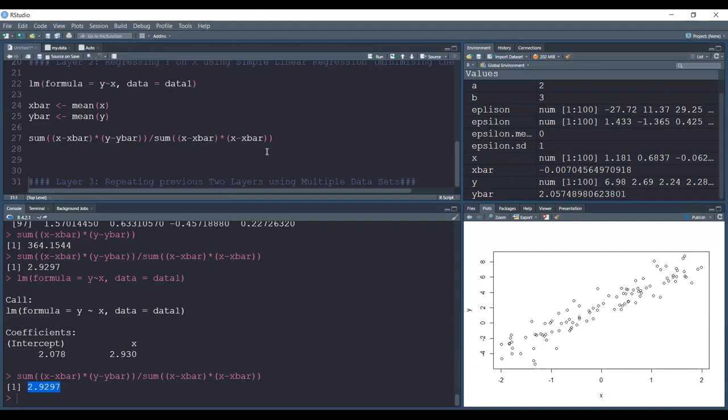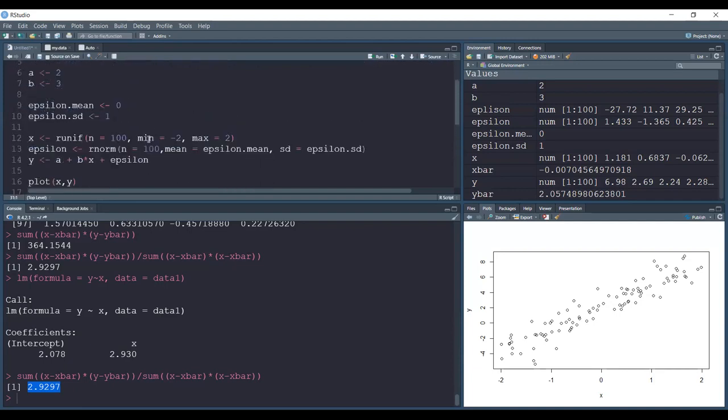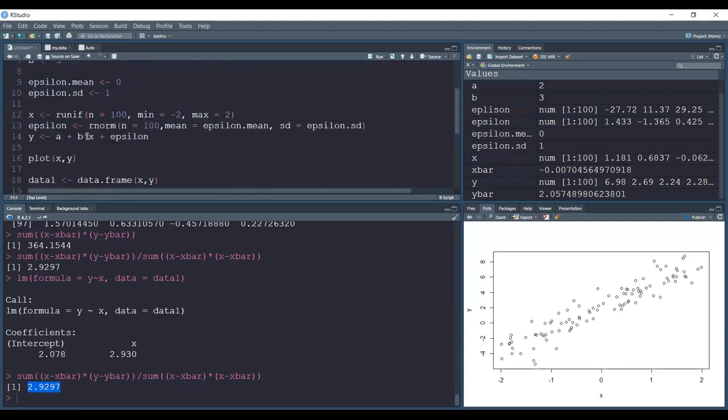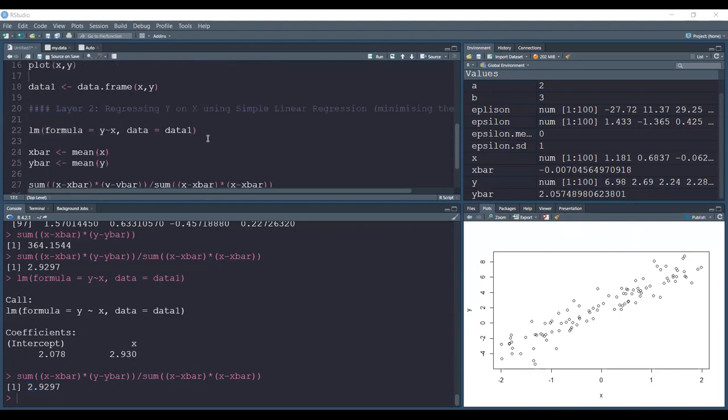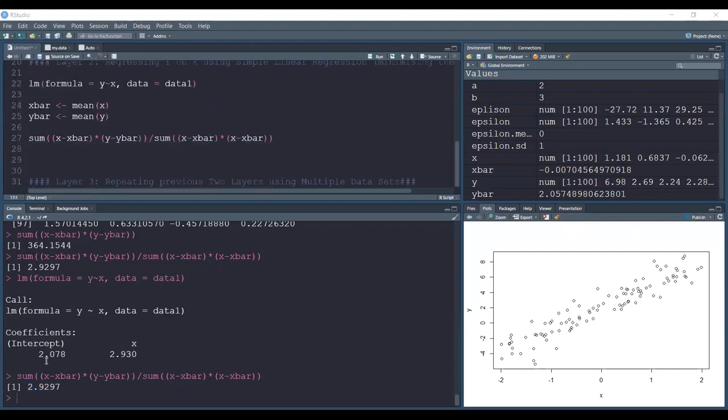Okay. So taking a step back, we have the data. We're trying to fit a linear model, and we're estimating beta naught and beta 1. There is the true beta naught and beta 1.